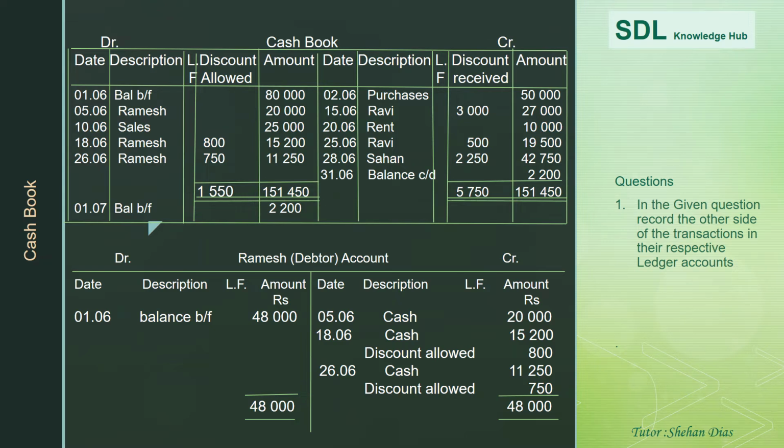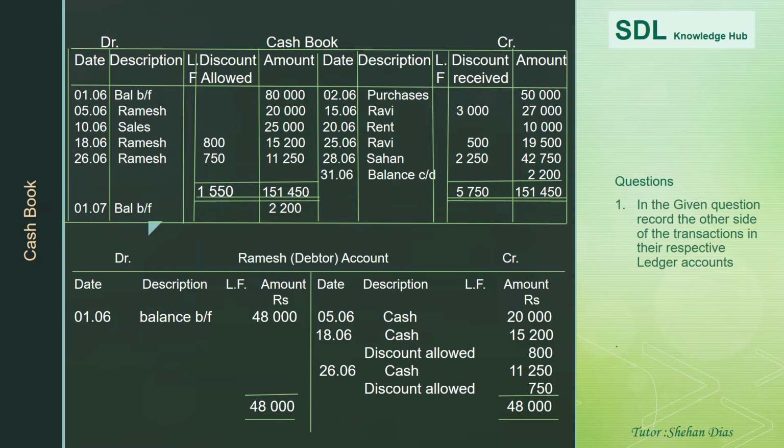On the credit side of the cash book, stating Ravi, under the discount received column 3,000, and in the amount column of the cash book 27,000, the amount settled in cash. We also need to record this in the account of Ravi. So open Ravi's account, put the opening balance and record 27,000 as cash and 3,000 as discount received.